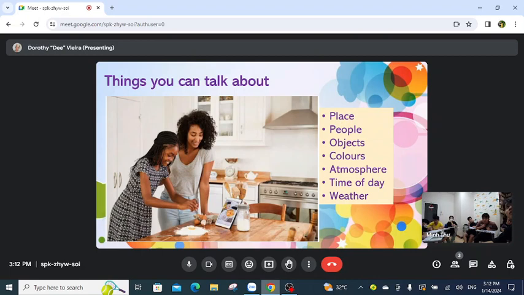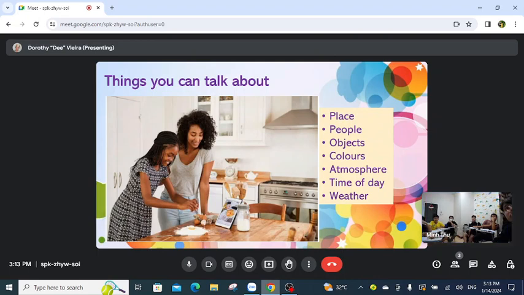The colors. What colors can you see in this picture? Not I can see. There is the white wall. And the round table.